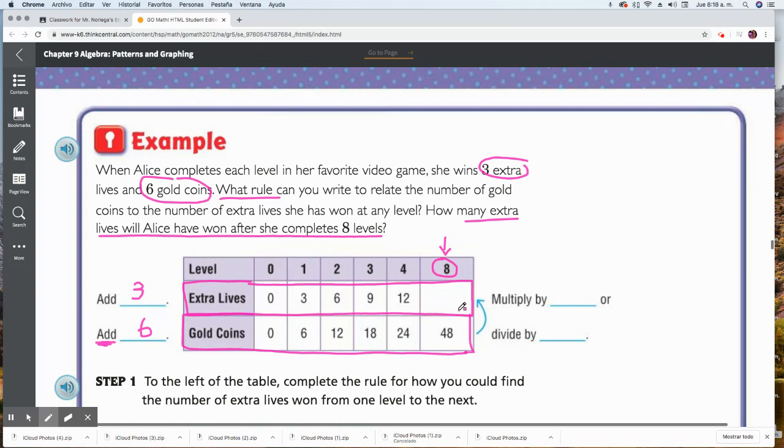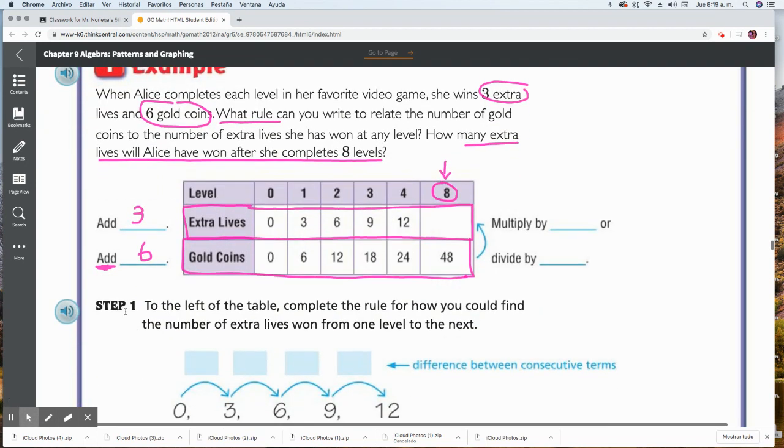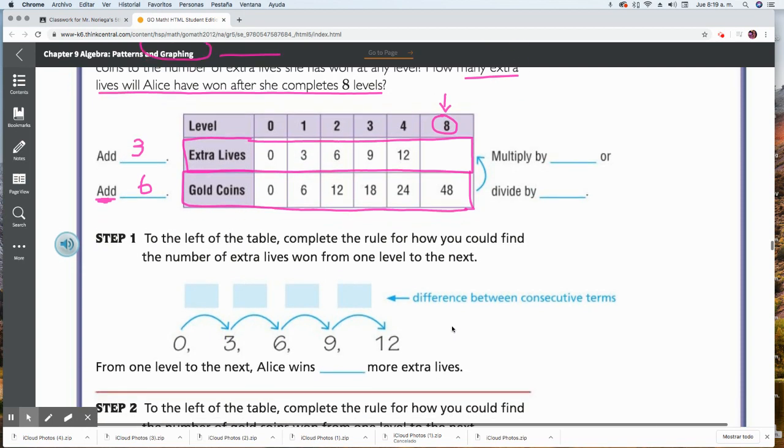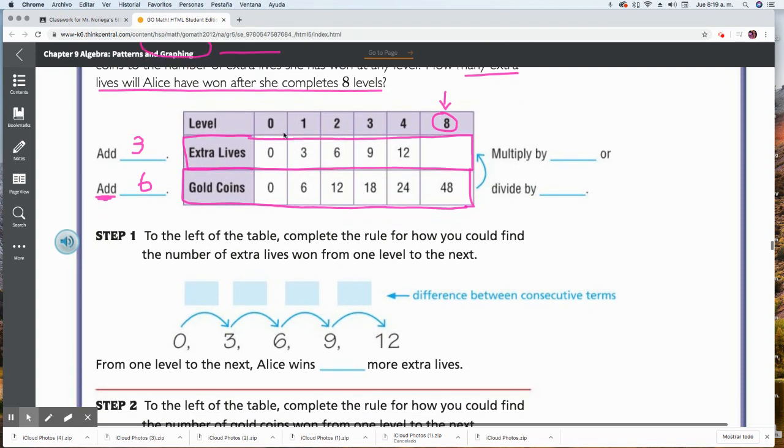All right, so let's go step by step. Step number 1, to the left of the table, complete the rule for how you could find the number of extra lives won from one level to the next. We already said that each time the level increases, the extra life also increases by what number? So what number plus 0 equals 3? 3, right?